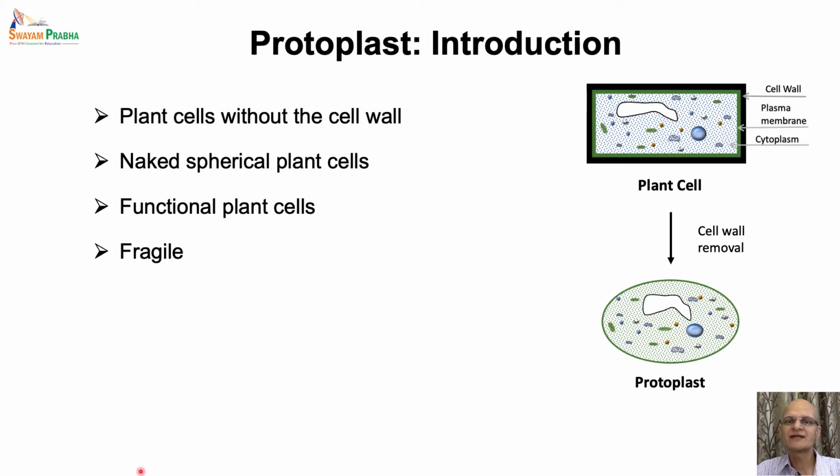Therefore, special care is required for handling the protoplast. Further, the fragility of the protoplast may vary with the physiological condition of the source tissue. Fragility can be high if the protoplasts are prepared from mature or aging tissues.